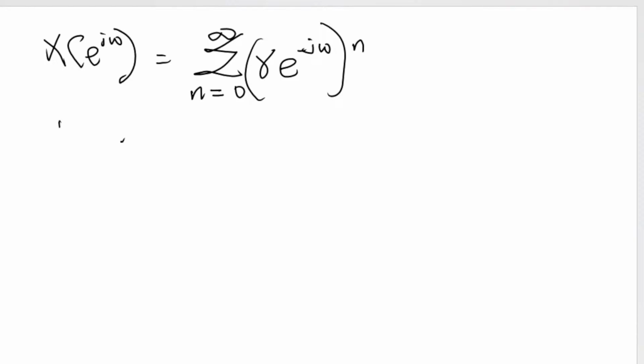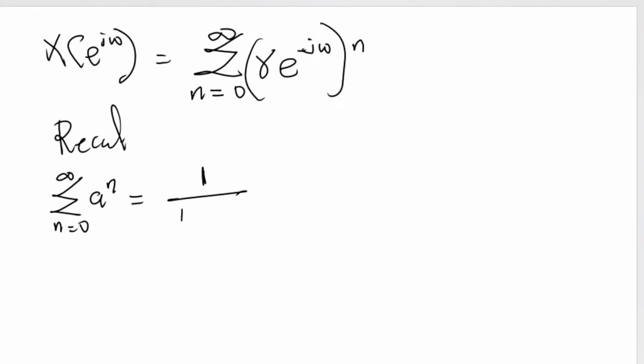Recall from our elementary maths when we talked about geometric progression, sequence and series, we had an equation for an infinite series. For you to get the equation for an infinite series, we have the sum from n equals 0 to infinity of a raised to the power of n, and this will be equal to 1 divided by 1 minus a.